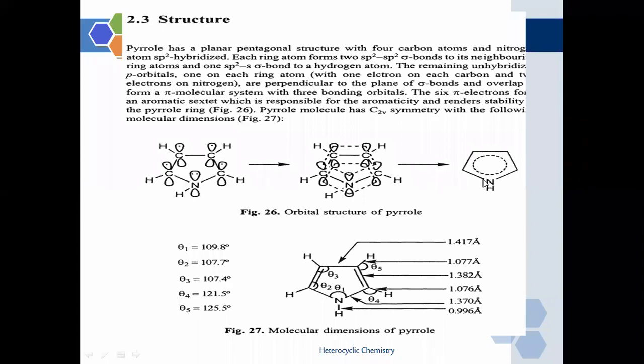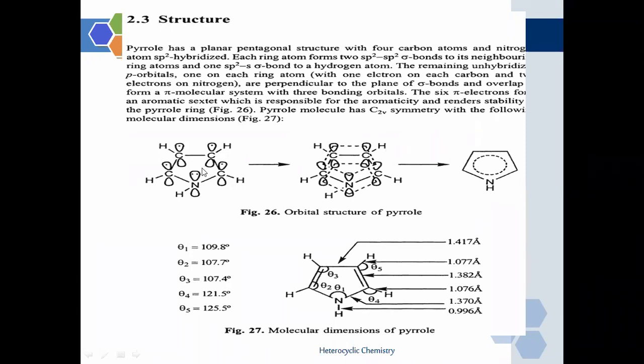The remaining unhybridized p orbitals, see here, these are the unhybridized p orbitals of all these carbon atoms, one on each ring atom, and they are perpendicular to the plane of the ring. So this is a cyclic structure occupied by these carbon atoms and one sp2 hybridized nitrogen atom.